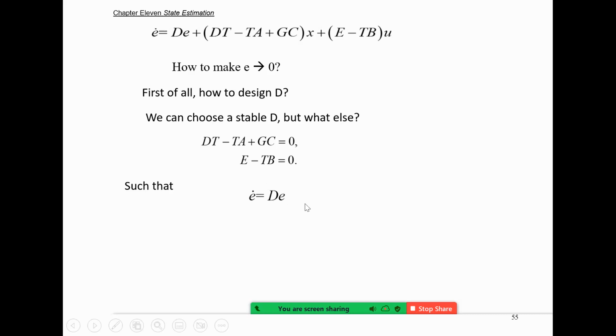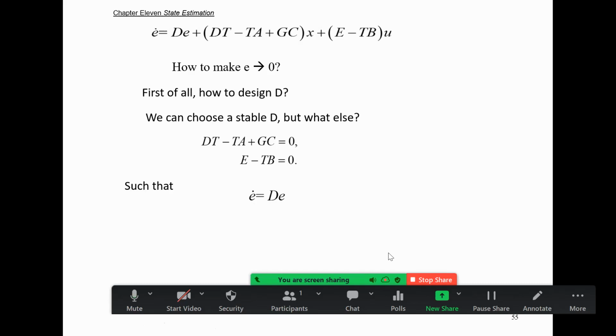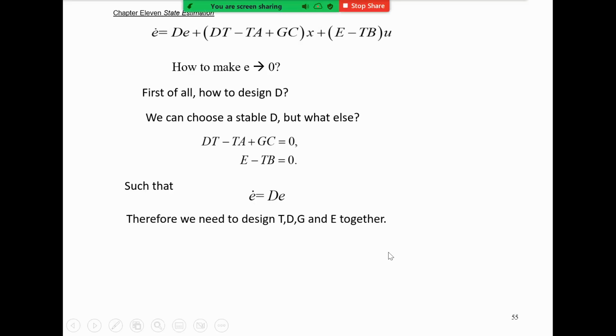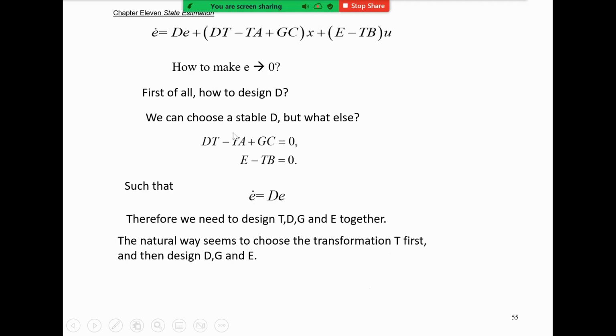So once again, from this equation, clearly you cannot choose 0 for D. If you choose 0 for D, your E dot equals 0, which means E will be a constant. That's not what you want. All right, so those are the two design equations we want to solve.